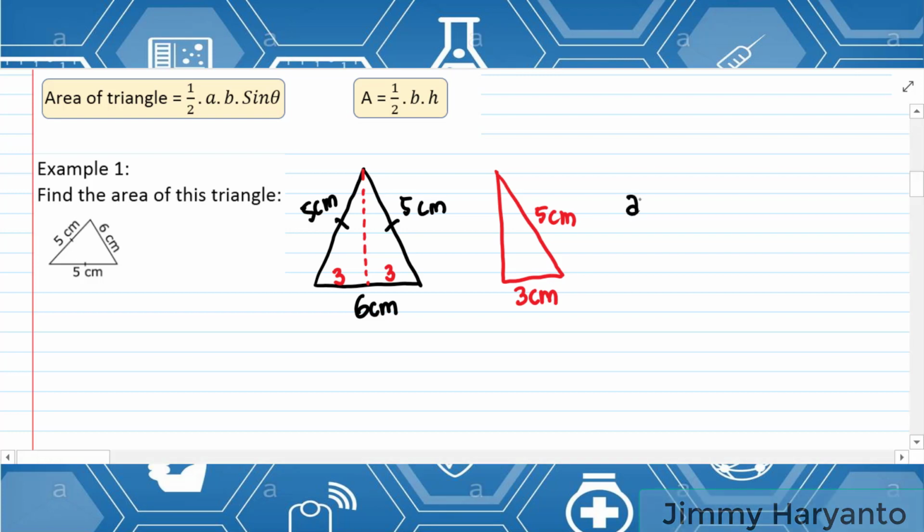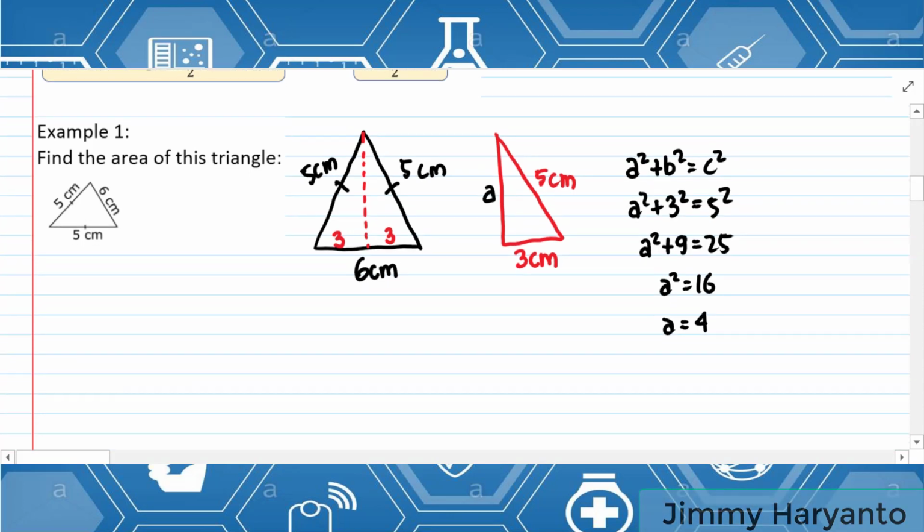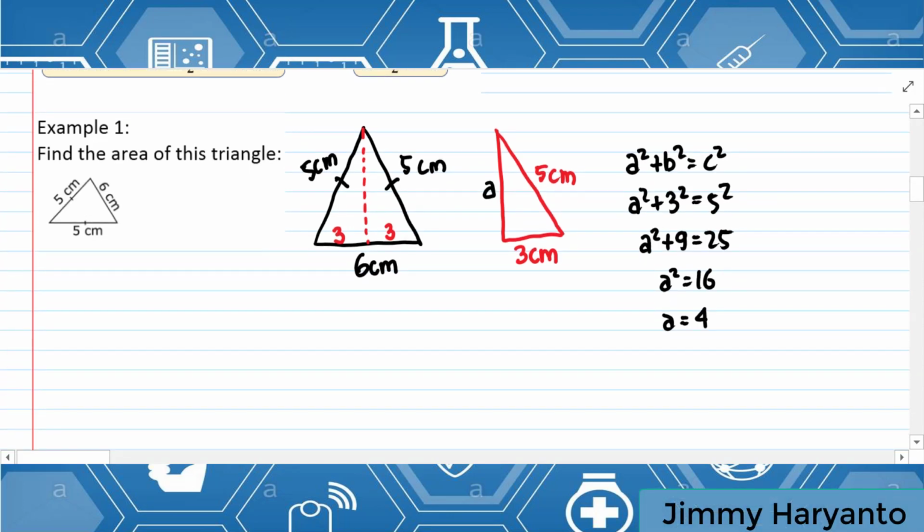The Pythagoras theorem is a squared plus b squared equals c squared. So let's say this is a, so a squared plus 3 squared equals 5 squared. a squared plus 9 equals 25. a squared equals 16. a will be plus or minus 4, but because this is a length, we take the positive number. So a will be 4.